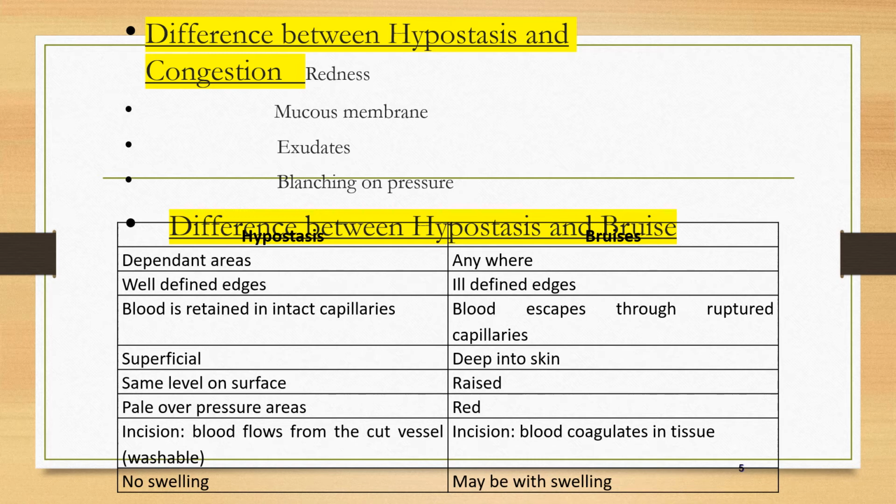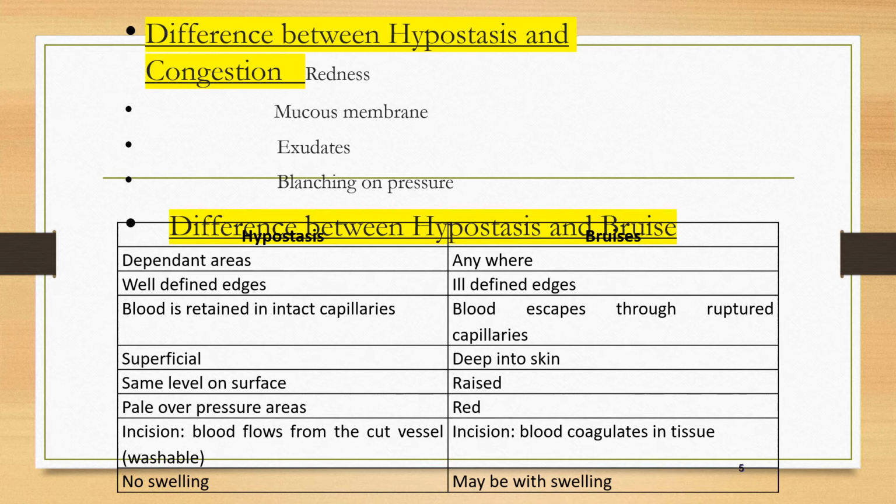Hypostasis will have reddish purple discoloration, congestion will show redness, and if you remove the accumulation of blood, the surface area below it will be pale in case of hypostasis. However, in case of congestion it will not be removed, and exudate will start coming out when we try to press the organ, and blanching is not seen in congestion.